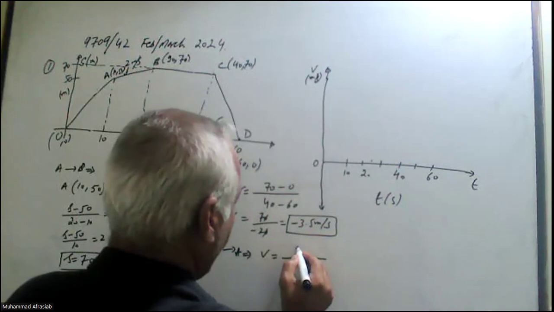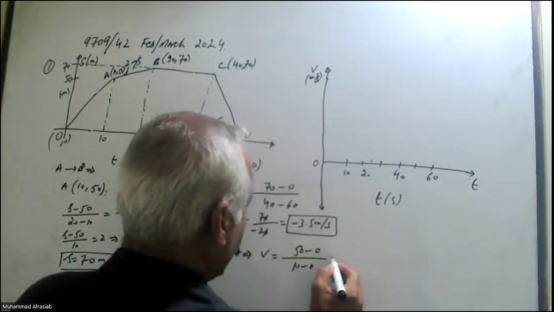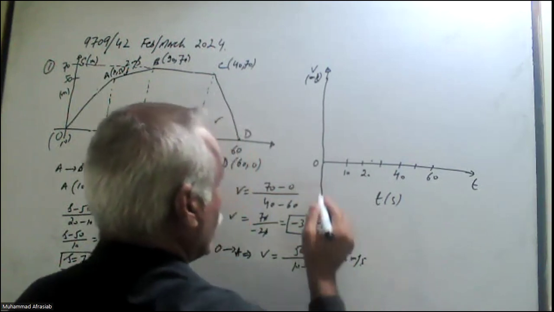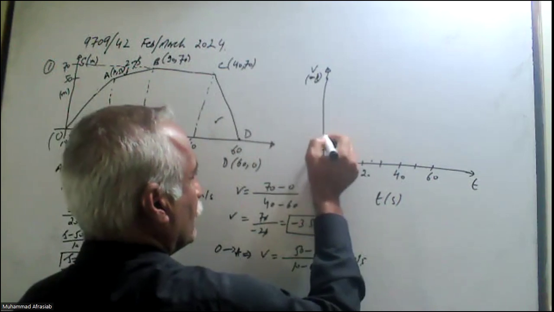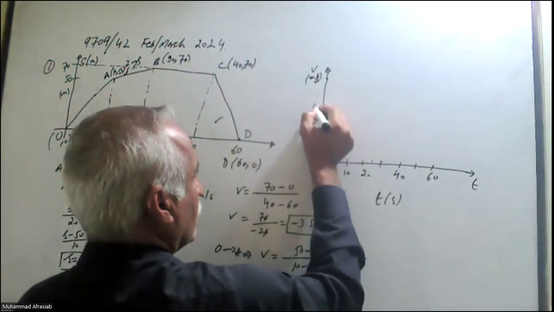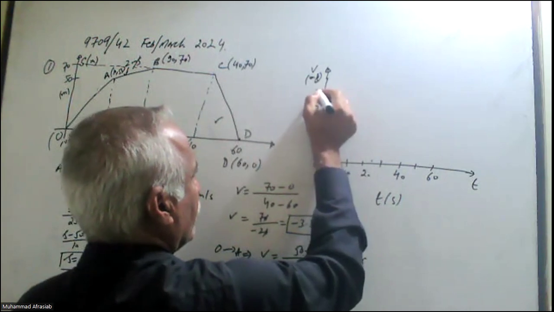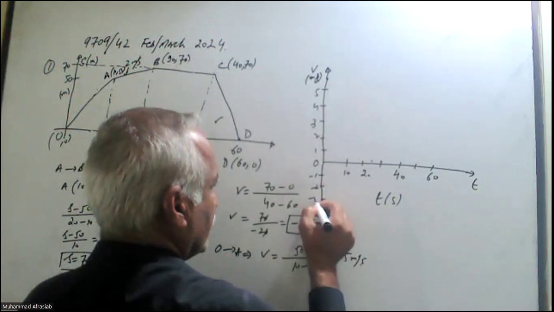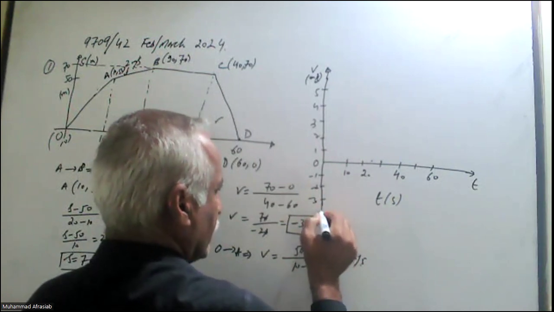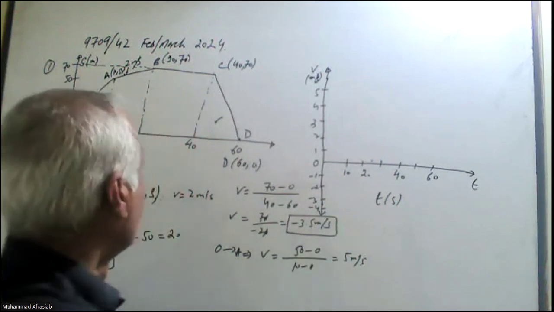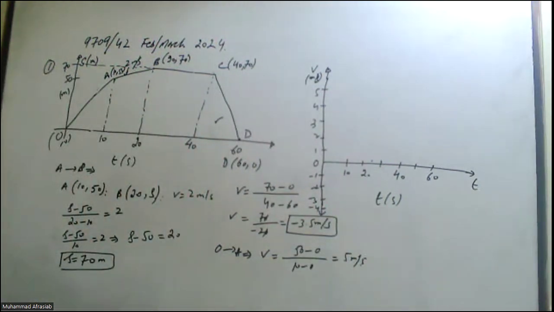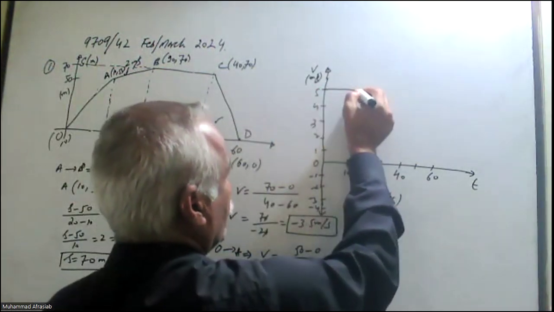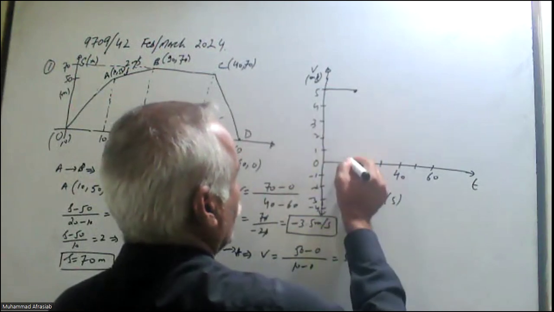So it is 50 minus 0 over 10 minus 0, which is equal to 5 meters per second. So let's mark 1, 2, 3, 4, 5, and minus 1, minus 2, minus 3, minus 4. From the first 10 seconds, the velocity is 5 meters per second and it's constant, so we draw up till here from 0 to 10.